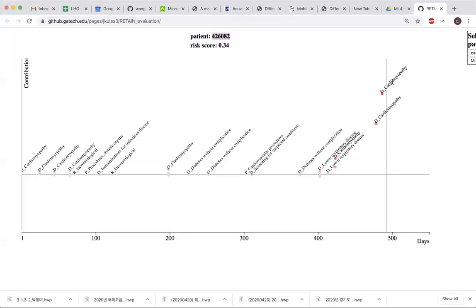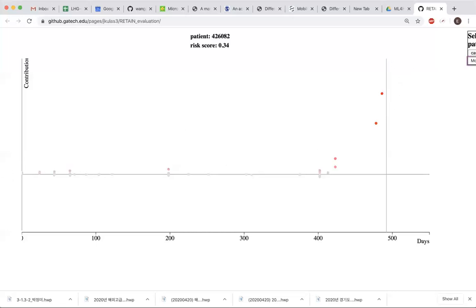Here, D means diagnosis. So cardiomyopathy in the very last visit contributes most towards the final prediction of heart failure, where the score was 0.34. So this has a very high contribution when the model is predicting 0.34. And you can actually do this step by step. So let's just go through that.